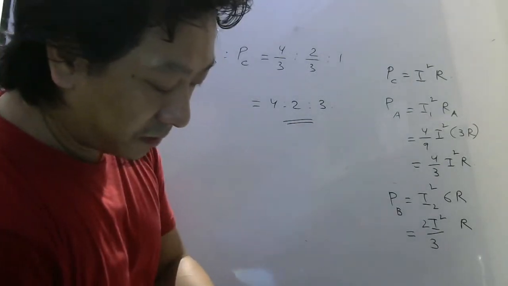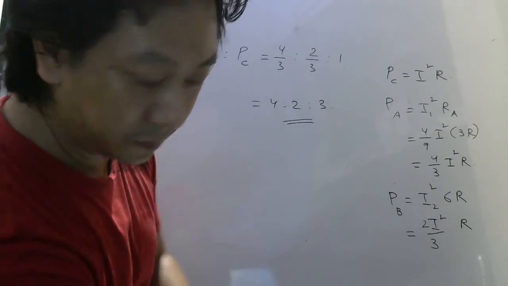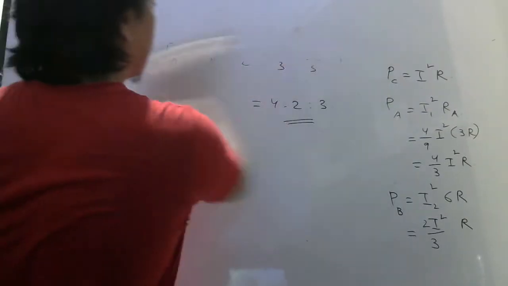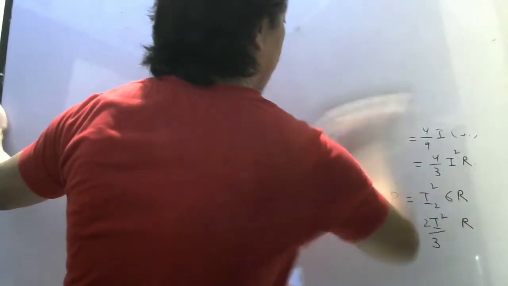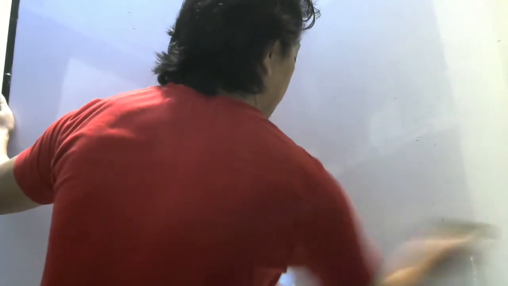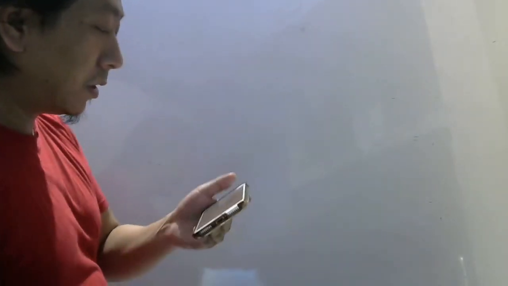37th question you see. So in question number 37, three 10 ohm, 2 watt resistors are connected as shown in the figure. 10 ohm, 2 watt, that is the rating.